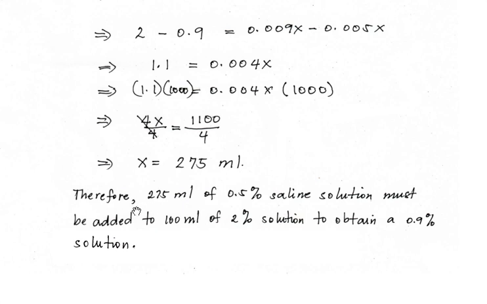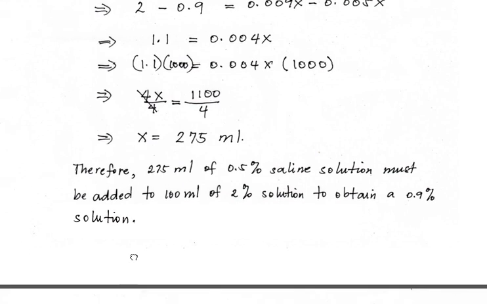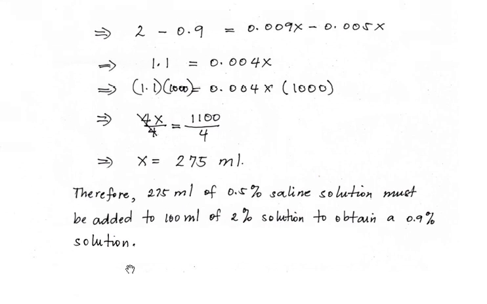Therefore, 275 ml of the 0.5% saline solution must be added to 100 ml of 2% solution to obtain a 0.9% solution. Now, part of the solution is to check and verify. I was not able to include it here, but it's for you to check.